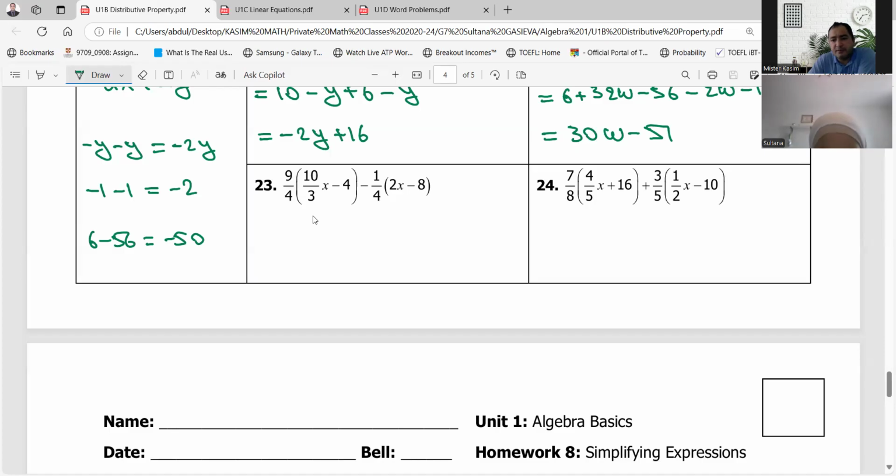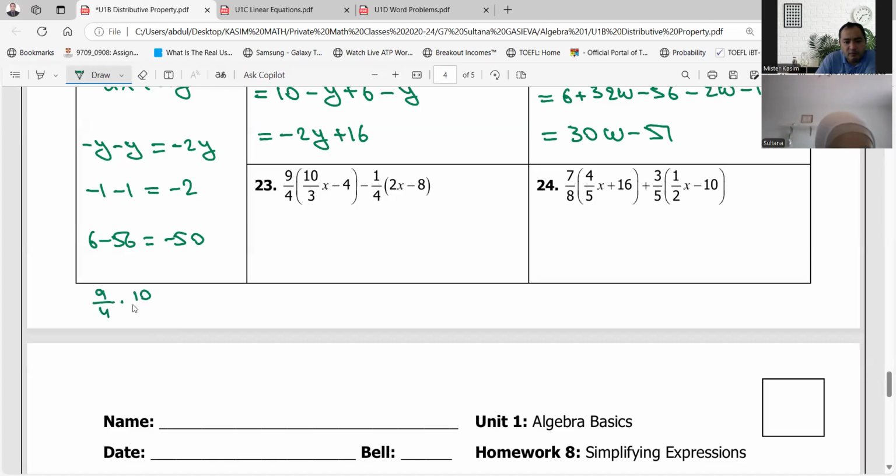Did you simplify it? It's like 9/4 times 10/3, right? And 9 over 3, that's equal to 3. And 10 and 4, both numbers are divisible by 2, divide by 2, divide by 2. So here we have 15 over 2, right? Yeah. So here we have 15 over 2x minus.